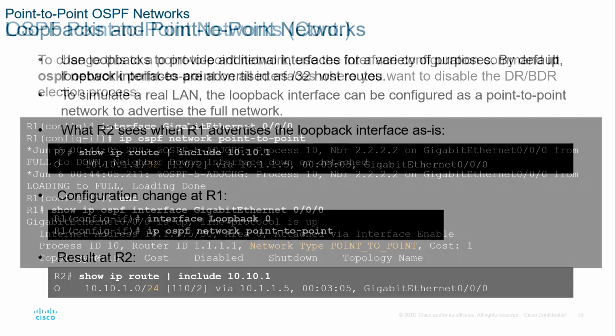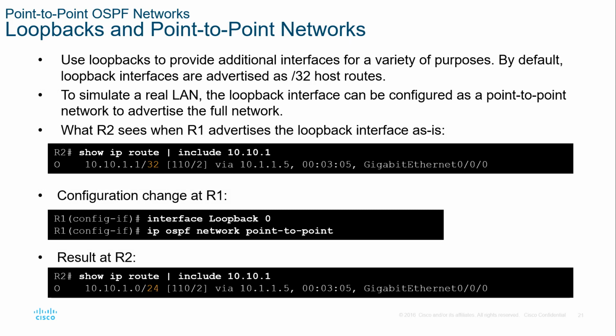So let's go ahead and talk about the use of loopbacks to provide additional interfaces for a variety of purposes. To simulate a real LAN, you could use a loopback interface. So if you do a show ip route and include our loopback address, you can see that when R1 advertises its loopback address, we're getting that /32.